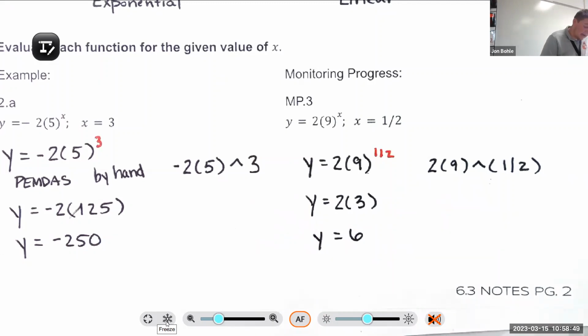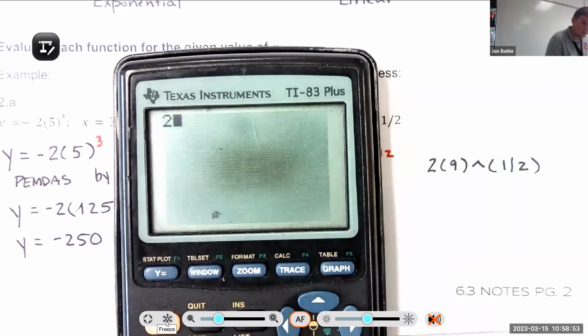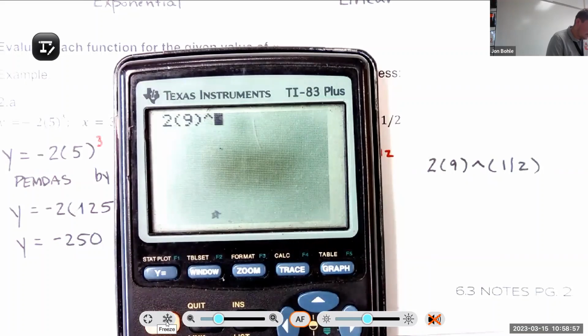Okay, so let's see if we can do that. Go ahead, 2 parentheses 9 to the, and I have to do 1/2 as 1 divided by 2. That's how I'm getting the 1/2. And it has to be in parentheses. When you hit enter, you should get your 6.